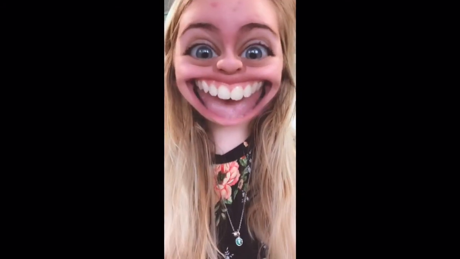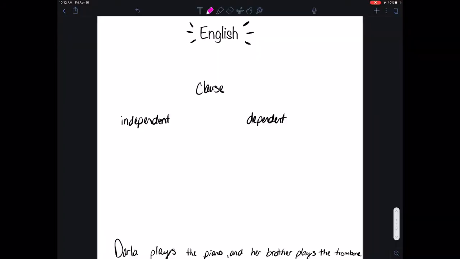Let's get started. We've talked about clauses briefly before. A clause is a group of words that contains both a subject and a verb, and it's used as part of a sentence. We can have two different types: an independent clause or a dependent clause. An independent clause expresses a complete thought, and it can stand alone as a sentence. A dependent clause does not express a complete thought, and it cannot stand alone as a sentence.